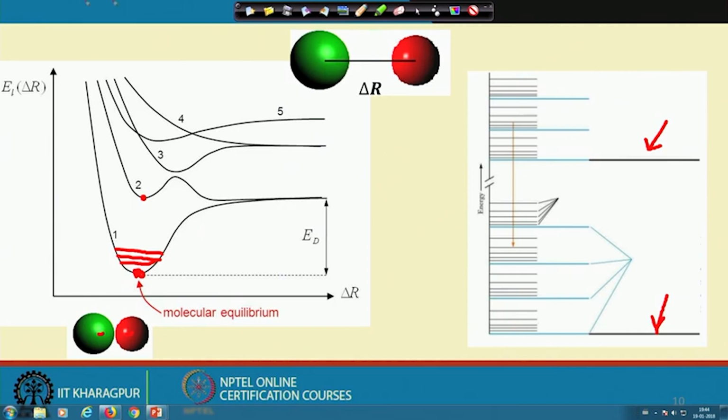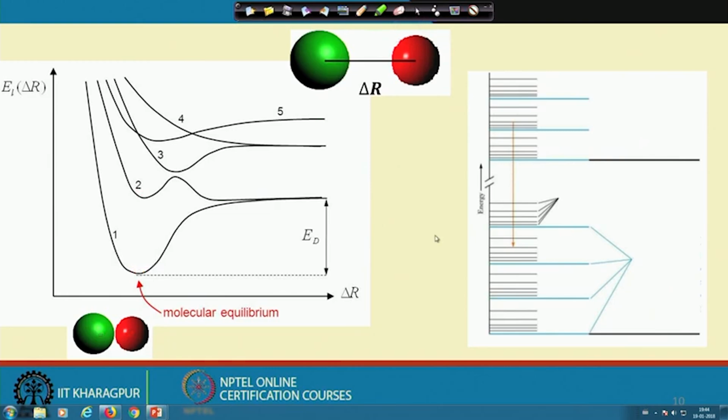So, that is the idea associated here, and this is the connection between the kind of energy level diagram and the molecular potential energy surface that one encounters while handling these systems.